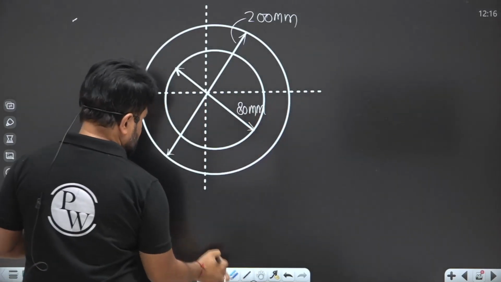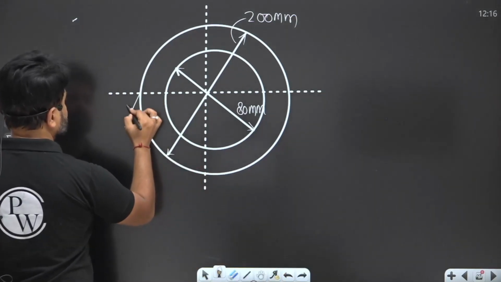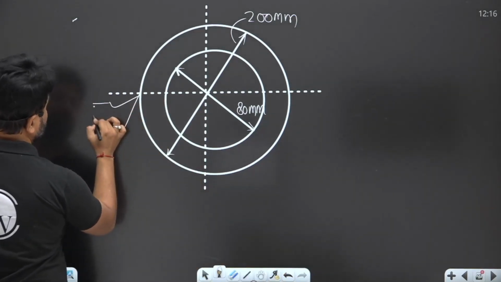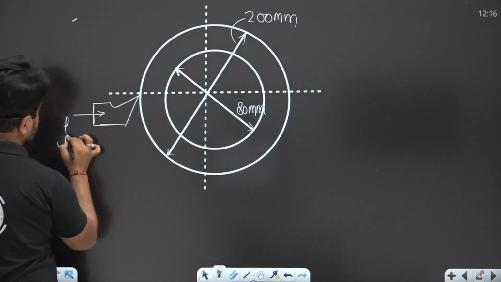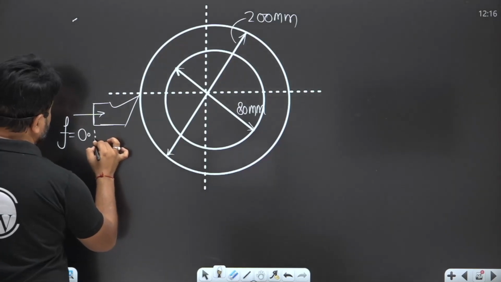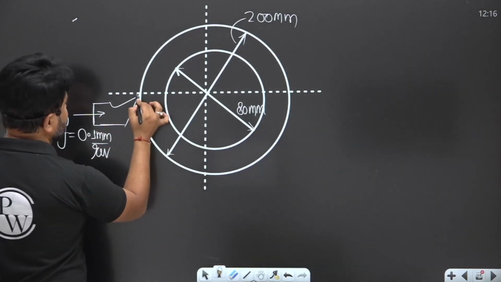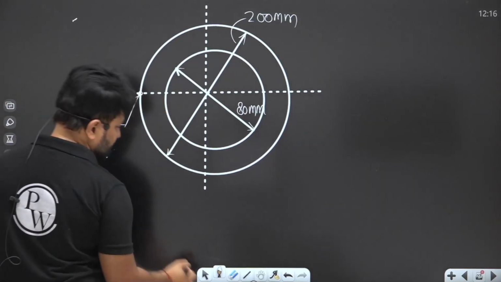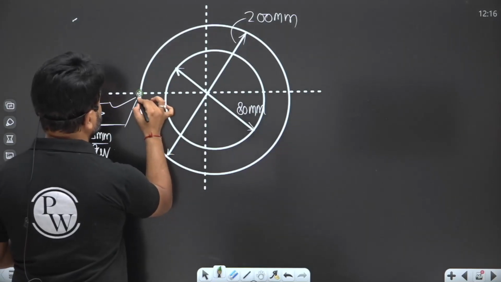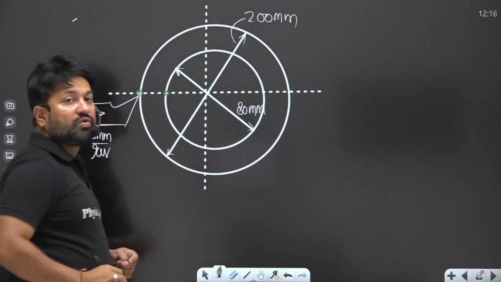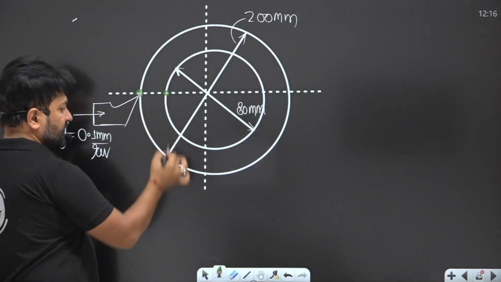Now, here a tool is there, and a feed is provided, that is 0.1 mm per revolution, which does a facing operation from this point to this point. The tool is not going to move from the outer to the center, only moving in this way.